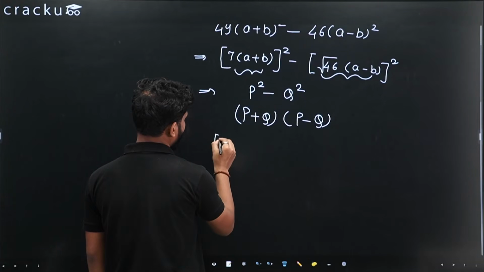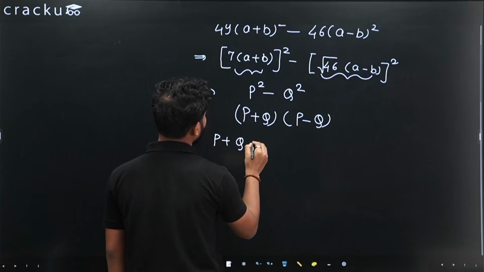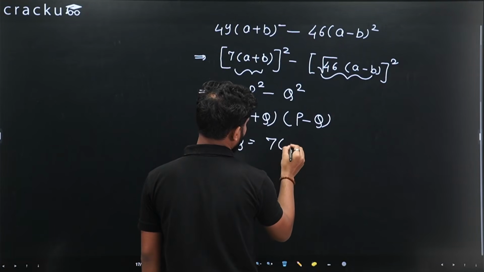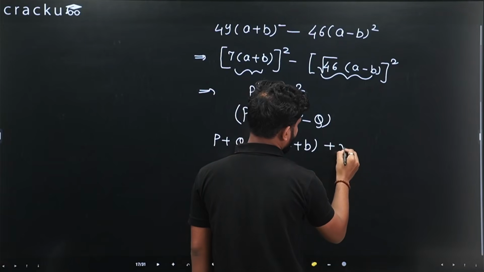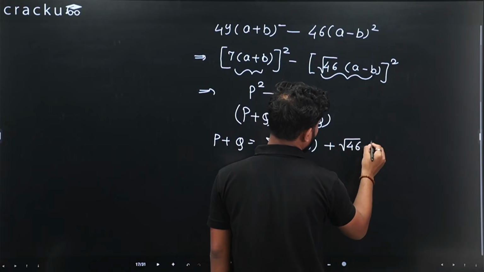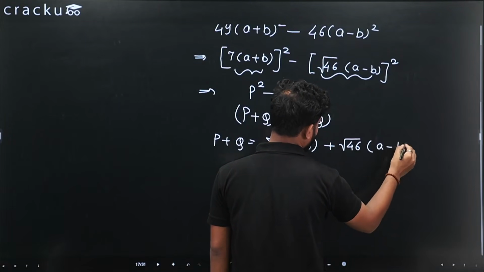P plus Q will be 7 into (A + B) plus under root 46 into (A − B). Correct?